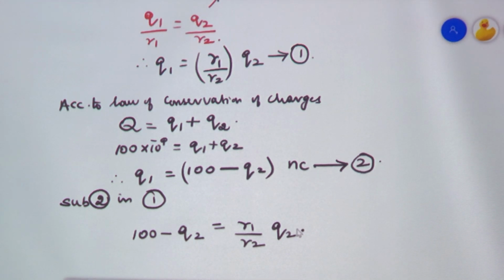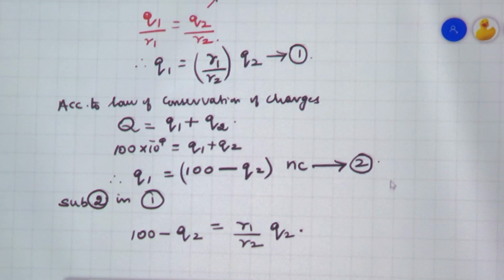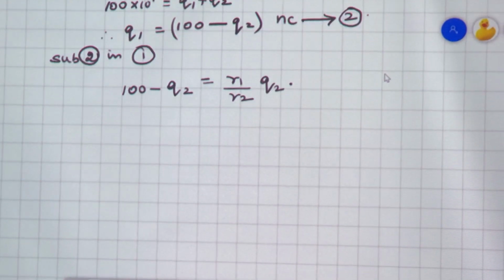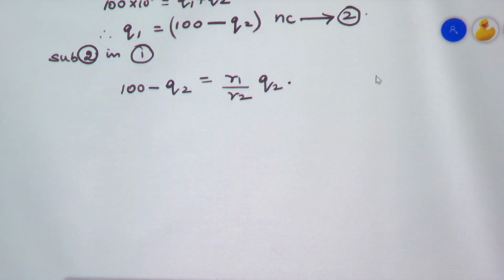So, I have written an equation in terms of Q2, replacing Q1. Now, hereafter it is mathematics, not physics. So, simplify. How to simplify this? You take this Q2 to the other side and simplify.